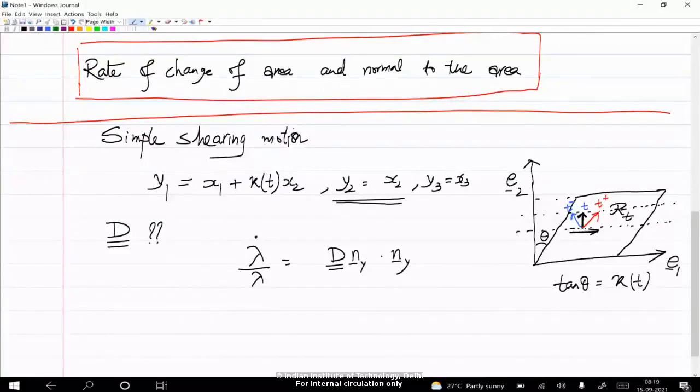Okay, so what can you say about its change in length at the current time, or let us say before the current time? What is happening to its length? Is it decreasing or is it increasing? What do you think? Anyone? So at t minus, what is happening to its length, rate of change of length?